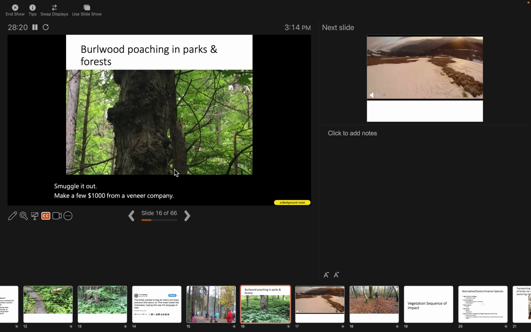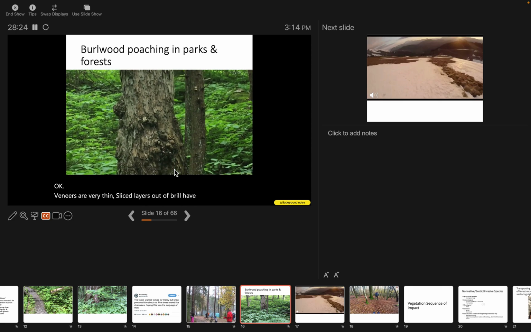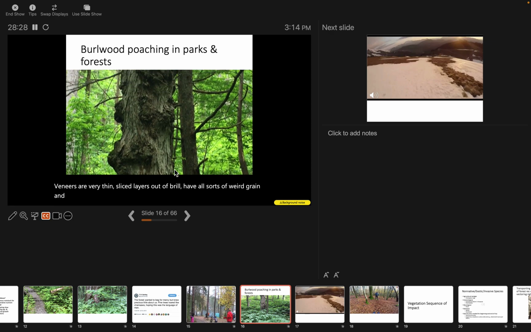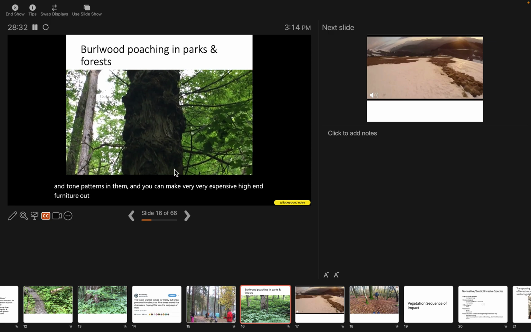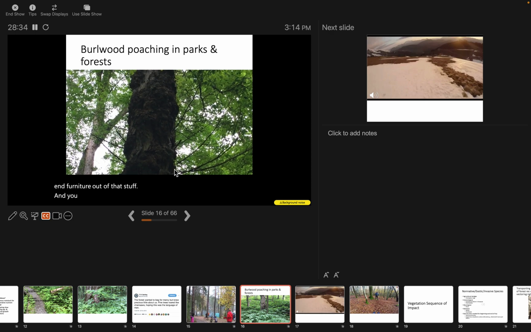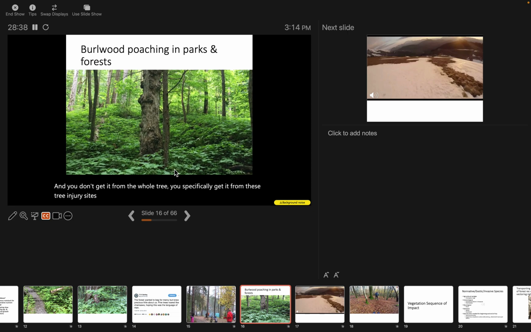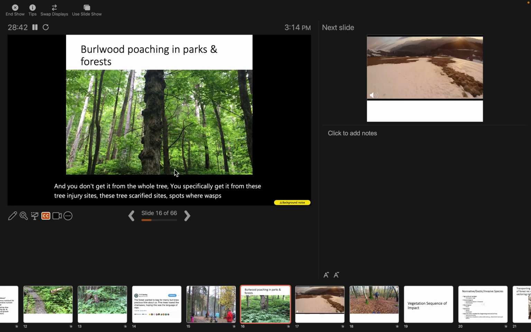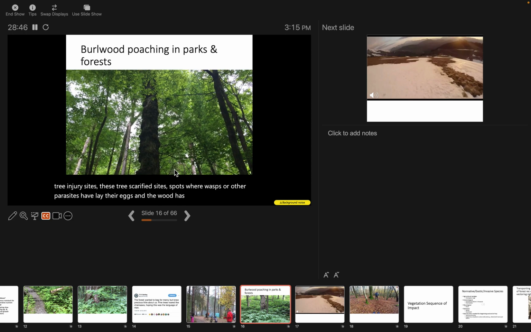Okay? Veneers are very thin sliced layers out of burl, have all sorts of weird grain and tone patterns in them, and you can make very, very expensive high-end furniture out of that stuff. And you don't get it from the whole tree, you specifically get it from these tree injury sites, these tree scarified sites, spots where wasps or other parasites have laid their eggs and the wood has galled or formed scar tissue around that.